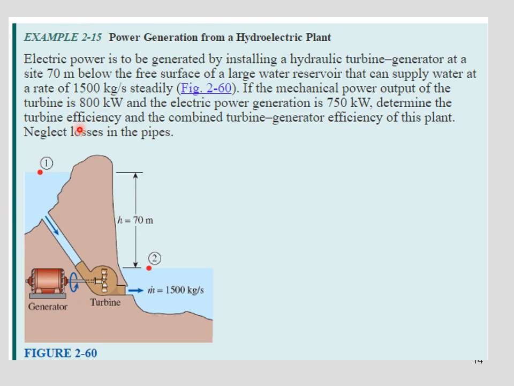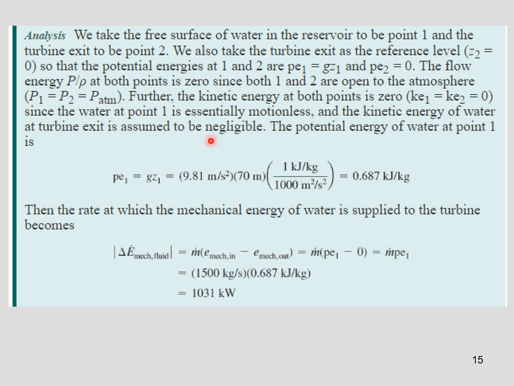So here's a little schematic we have. Obviously, it's going to be a conversion of potential energy to kinetic energy. We have a generator and a turbine, so as the water flows through the turbine, it turns the turbine blades, which turns the generator and makes electricity. So you can calculate the change in potential energy.